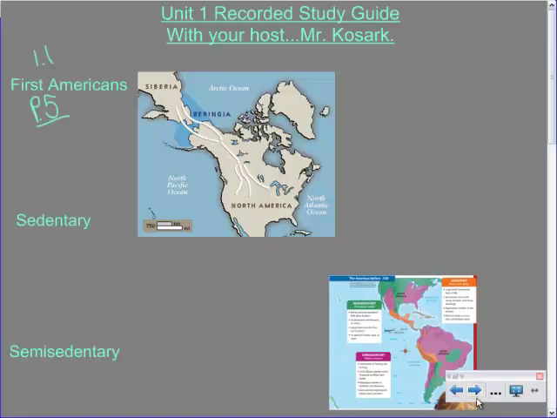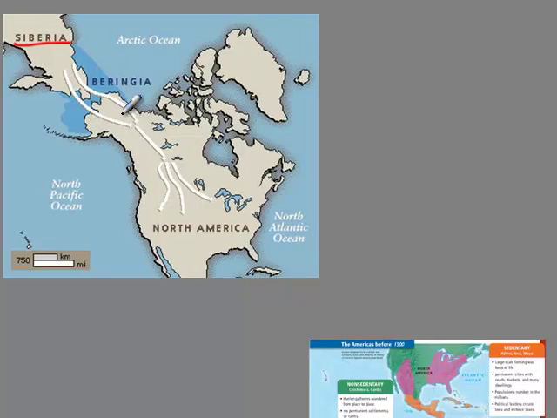Like I said, the first Americans can be found on page 5. What you're going to be focusing on here is, if you were in my class, we watched this short little YouTube video that described how these first Americans got over here. As the Ice Age goes on, the sea levels drop and it exposes the seabed, which is just land, and this area in between Siberia and the United States, or Alaska, right around here, was filled in and had land.